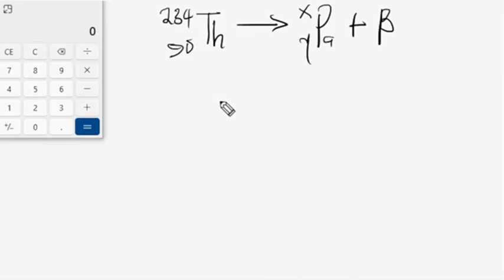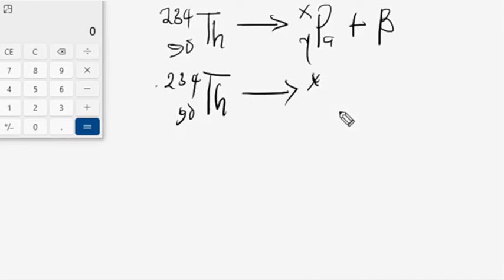So, which means in this case, we are going to have 234, 90, we're going to have X and Y here for this, and then finally let's represent this beta particle with X here.